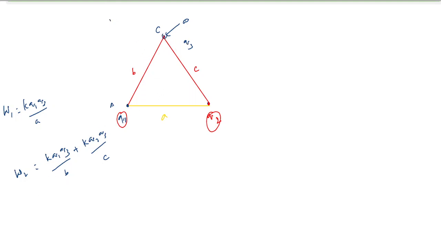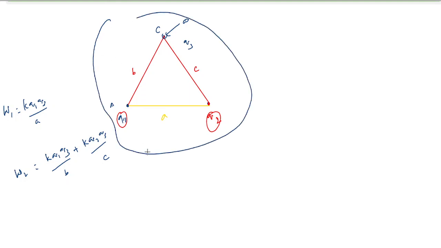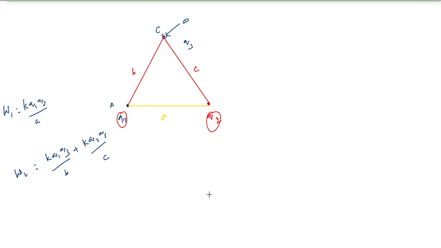Now to find the total energy of the system, it is to assemble everything. The total energy would be the work done to assemble them, that is W1 plus W2, equal to K Q1 Q2 by A plus K Q1 Q3 by B plus K Q2 Q3 by C. This work done is stored as the system's potential energy.